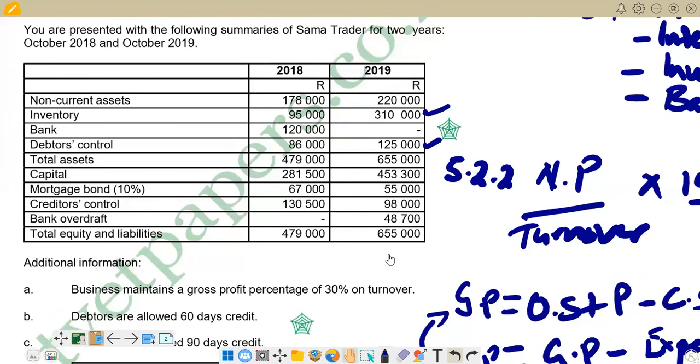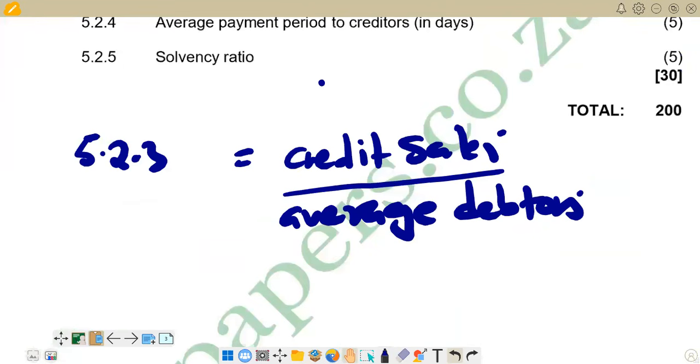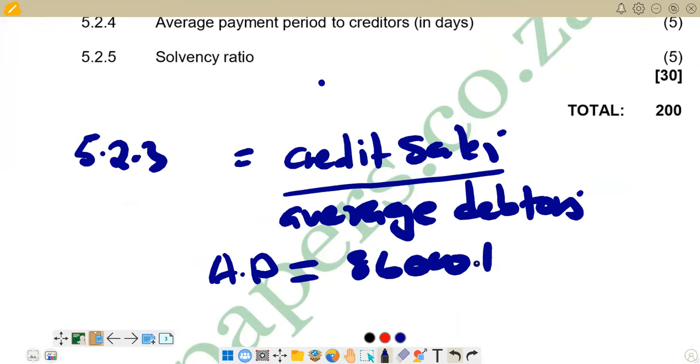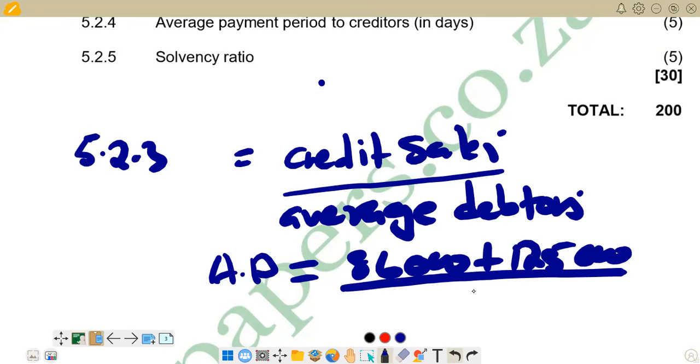So we go back to the question. We can start by calculating the figure for average debtors. I think this is the figure that needs to be pre-calculated before we substitute into the formula. So average debtors, we are saying 86,000 according to the balance that we are given there, and we add 125,000, and then we divide by 2.